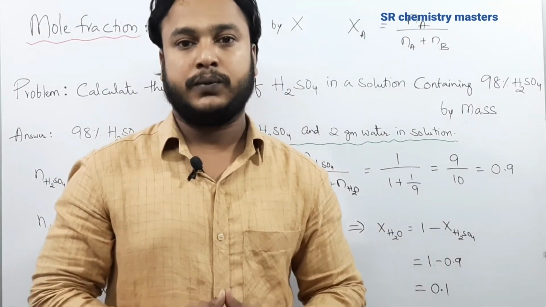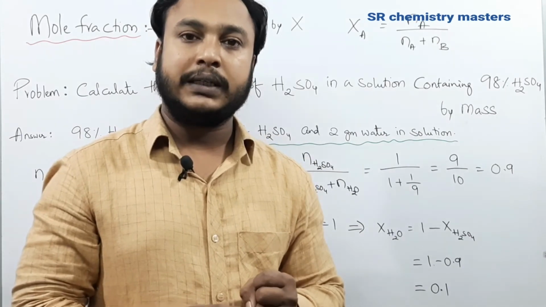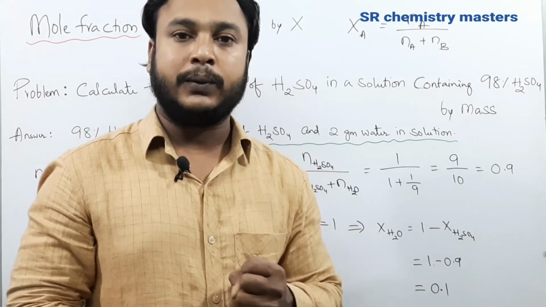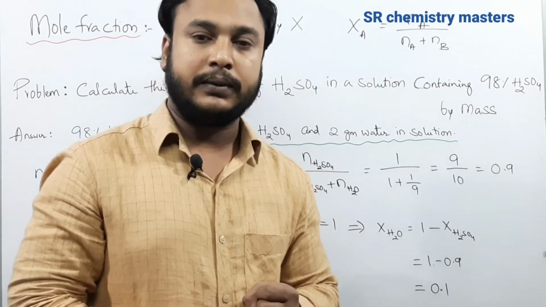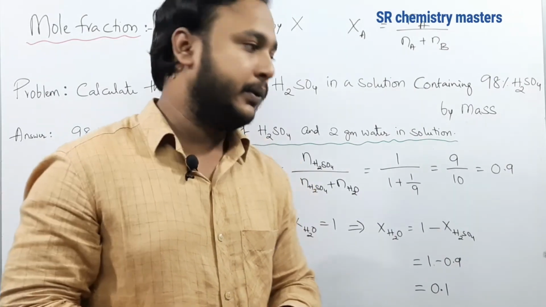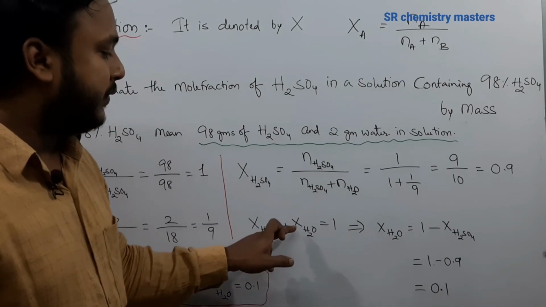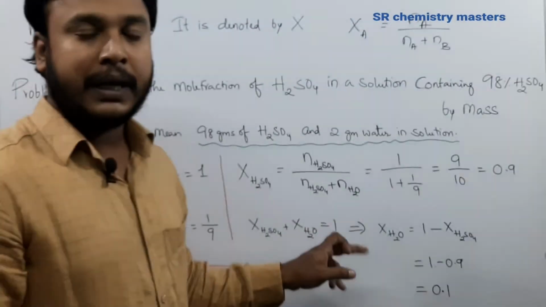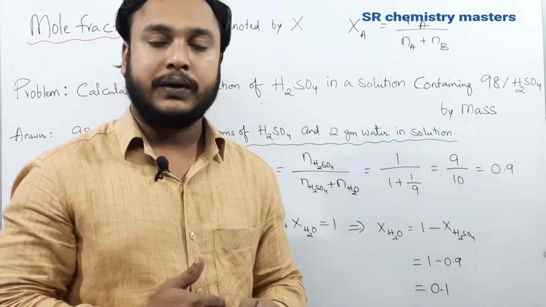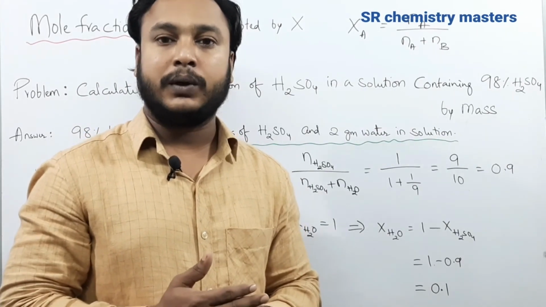That is the mole fraction of H2SO4. And as we know the mole fraction of H2SO4, it is easy to calculate the mole fraction of water, the second component present in the solution. We can use the formula X of H2SO4 plus X of H2O is equal to 1, as the mole fraction of all the components in the solution is equal to 1.